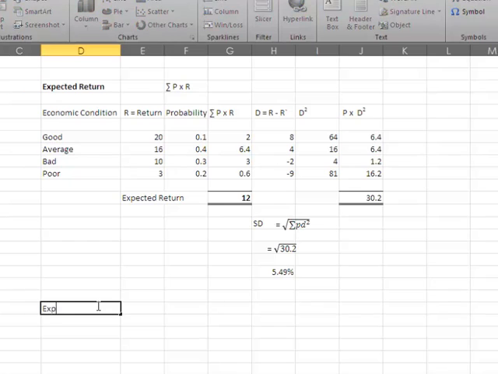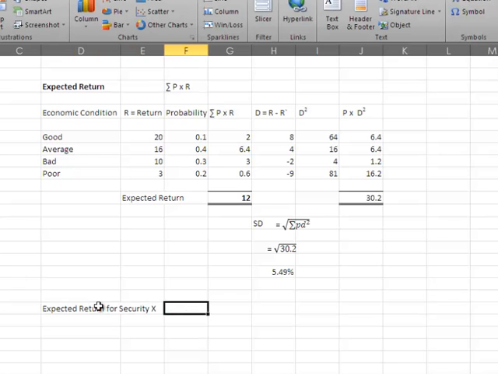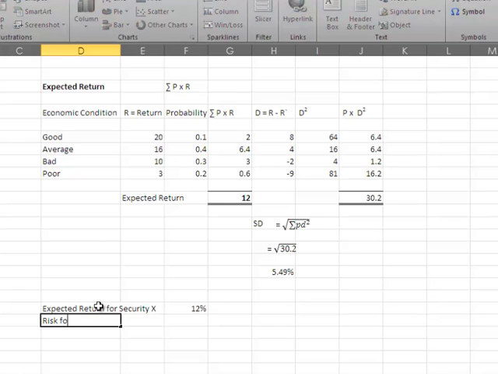So my expected return for security X is 12%, and risk associated for security X is 5.49%.